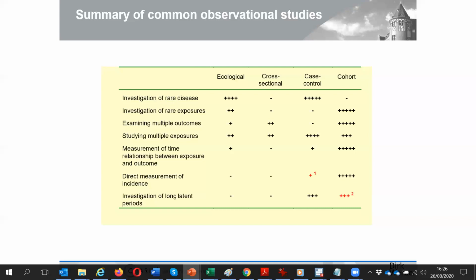So that's the long latency. Case control studies are good for long latency because you are already examining the cases and the controls, with the outcome already there. Cohort studies can do that, but the challenge is the long follow-up time, because you have to follow up your study participants or your population for a longer period to then see the outcome.